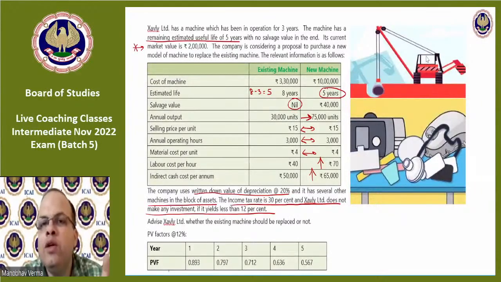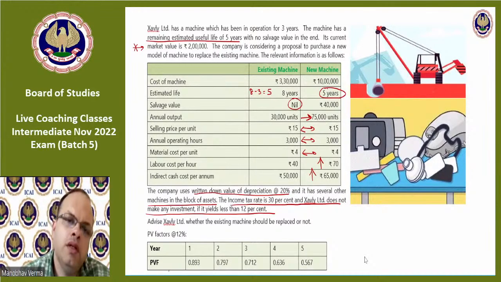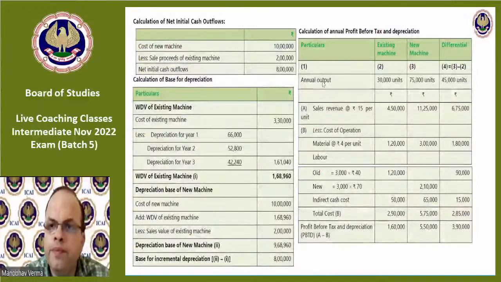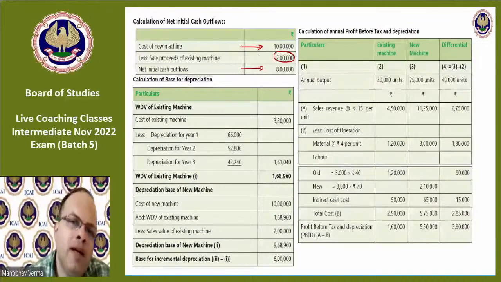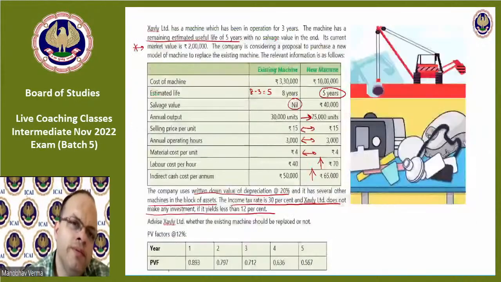Guys, please try to understand the right context. The cost of the new machinery is 10 lakhs, but the price of the existing machinery is 2 lakhs. So your net initial outflow is 8 lakhs. But I would like to talk about something more here.